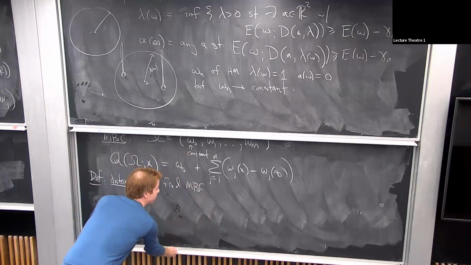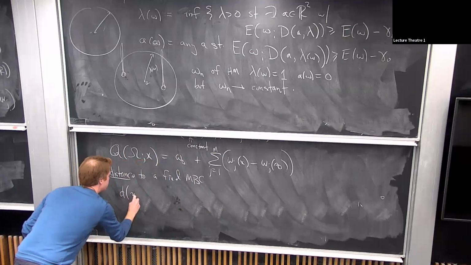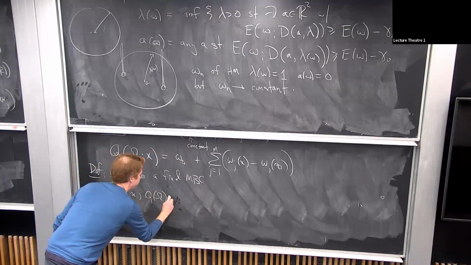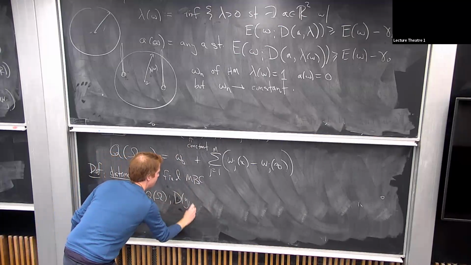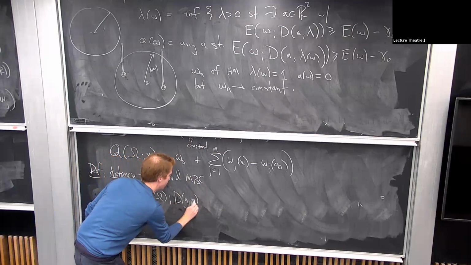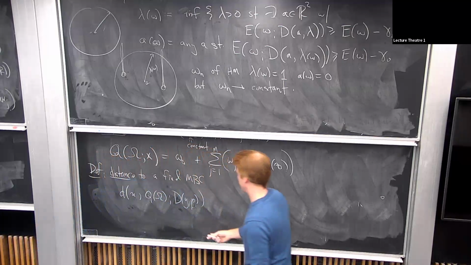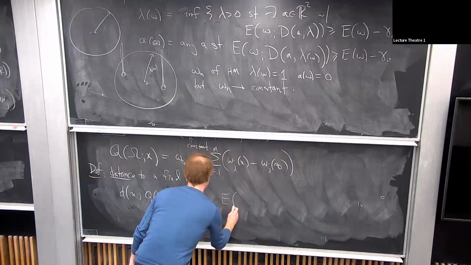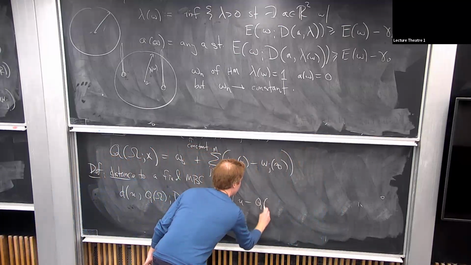I take the distance between a map u and a multi-bubble configuration Q of omega, localized to a disk in R^2 of radius rho, as I just take the difference of the energies on this disk.